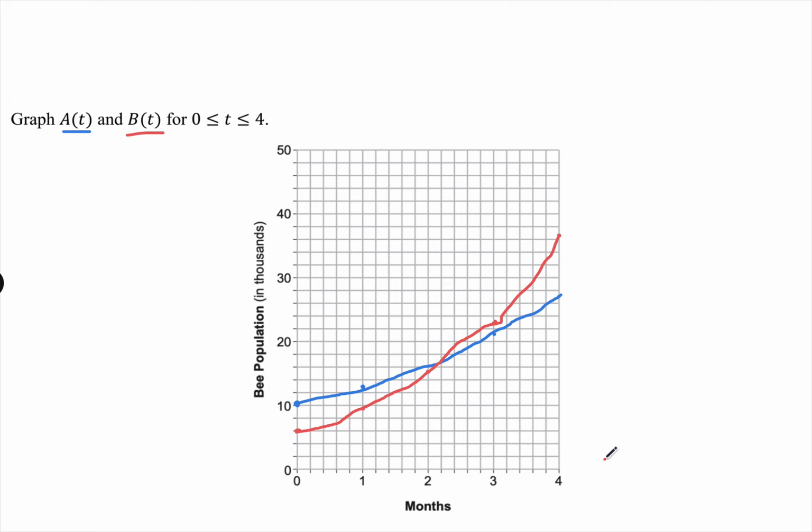So for me, I went into my graph and I said intersect. And when I guessed it, it gave me a value of 2.55 or 2.6 months. And let's see if it makes sense. 2.2, 2.3, 2.6 or 2.55.